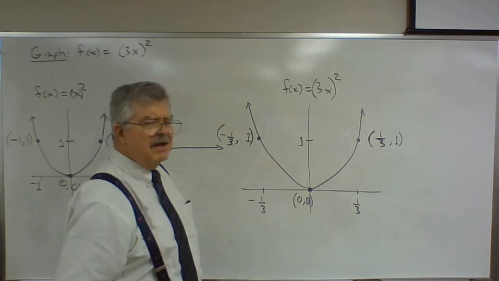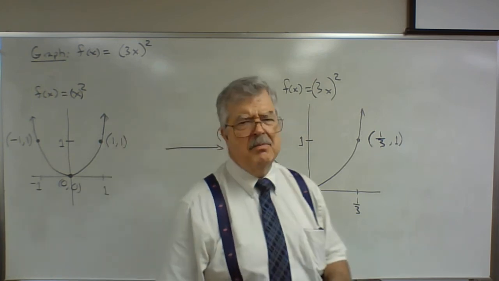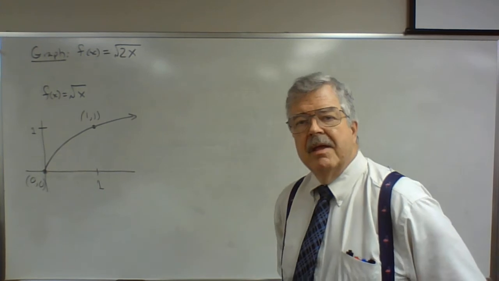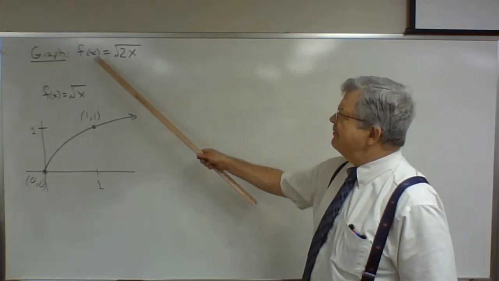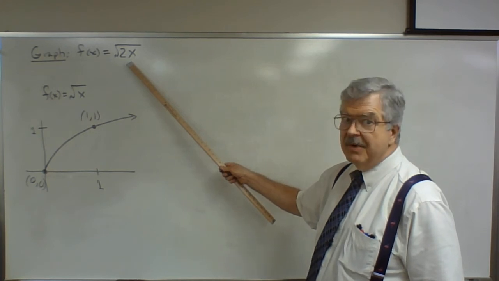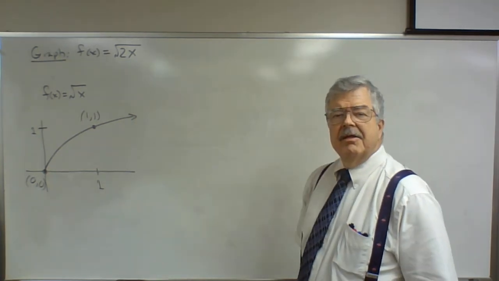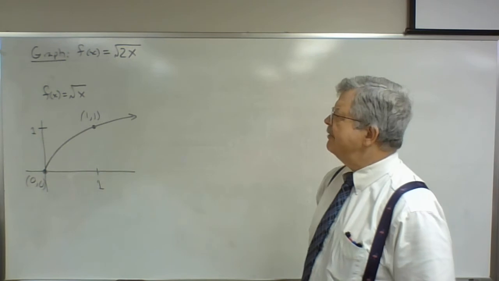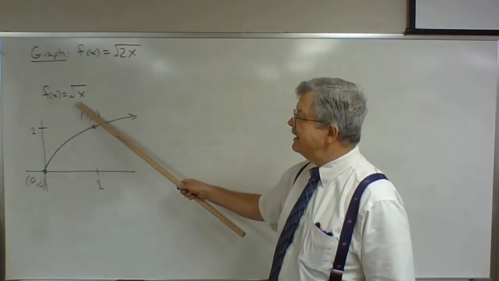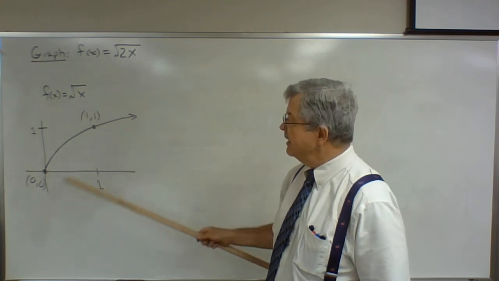Now that we've seen how this works, let's do 1 or 2 more examples. New example, graph f of x equals square root of 2x. The graph that's in our repertoire of basic functions that we use for reference is f of x equals square root of x.